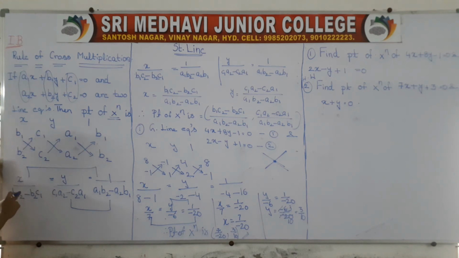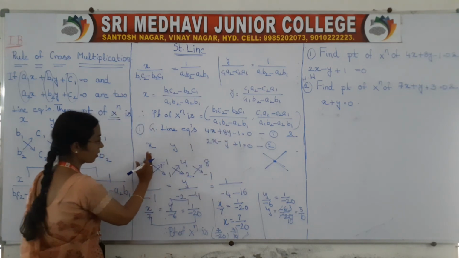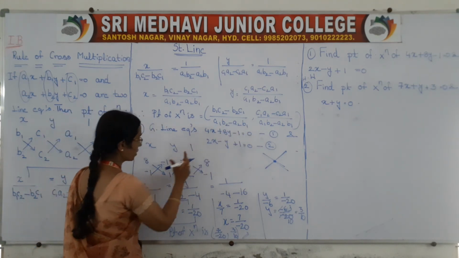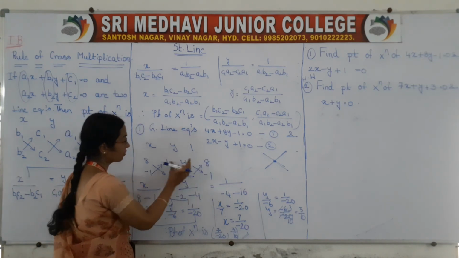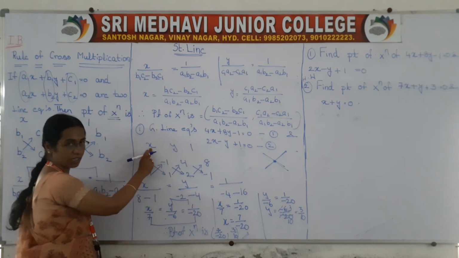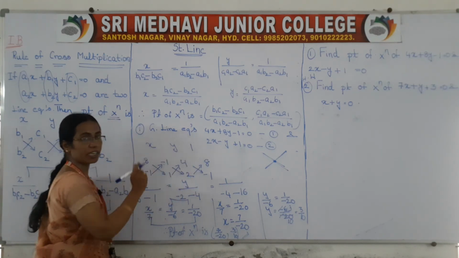After that x divided by this into this minus this into this. Next is equal to y divided by this into this minus this into this. Next 1 divided by this value into this minus this value into this. So first we have taken y coefficients, next constant coefficients, next x coefficient, again y coefficient. In between these two you take x, in between these two you take y, in between these two you take 1.